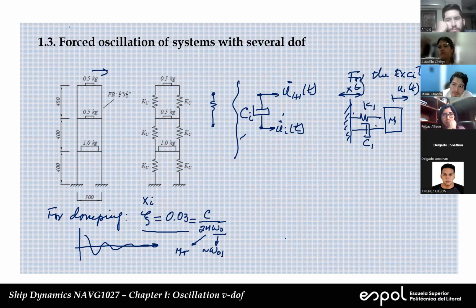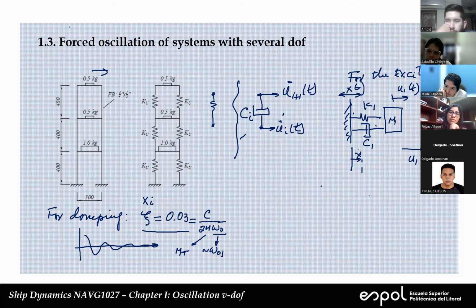So for the sum of the forces on this one here, if this moves to the right by x(t), and this moves to the right by u1, then some forces will be generated from these two. And this will consider x.